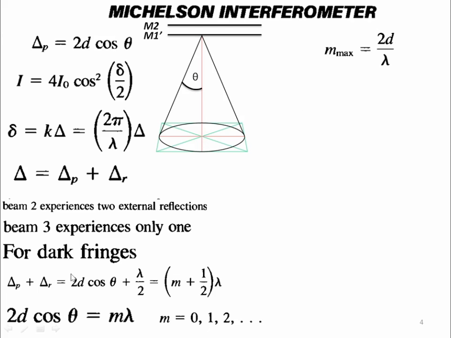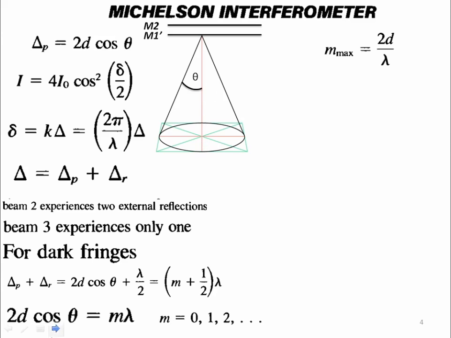Central means theta is 0. So if we are observing at this point, we are referring to the central fringe, whether it is a maximum or a minimum. Depending on the value of t, it can be dark or bright. Along with this, theta equal to 0 refers to the central fringe. That is the main message here.